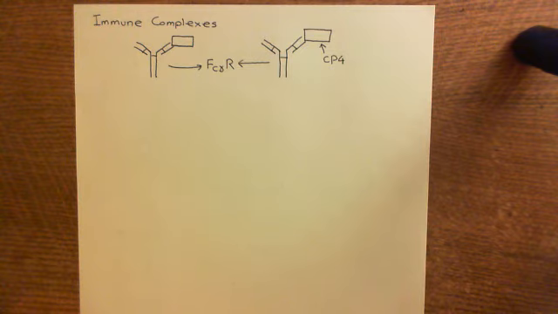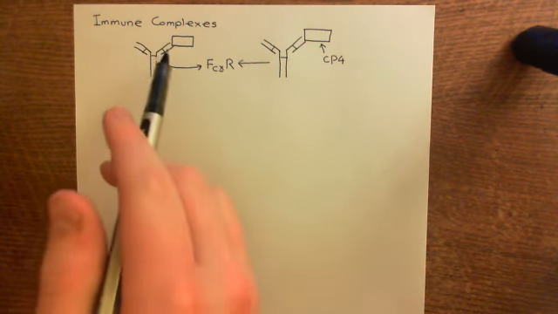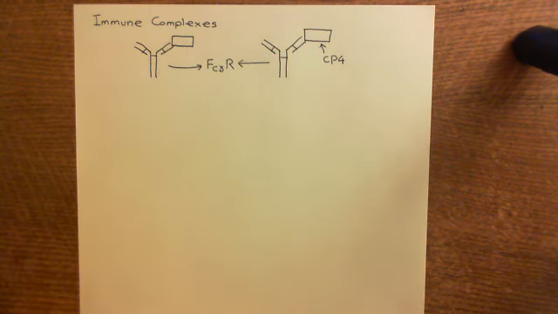Okay, positive feedback. Of course you're going to continue producing the anti-citrullinated fibrinogen antibodies and the anti-citrullinated protein 4 antibodies, so they're just going to come in and in and in. You're going to continue producing fibrinogen in the liver, so you're going to keep the circulating immune complex level high, and you're also going to continue potentially producing citrullinated protein 4 in the synovium, so these immune complexes will also continue forming.